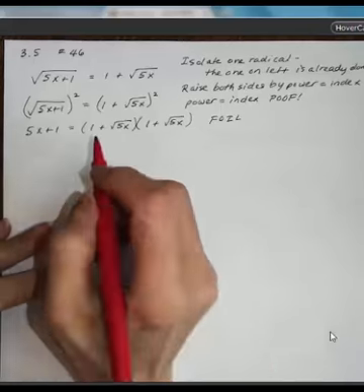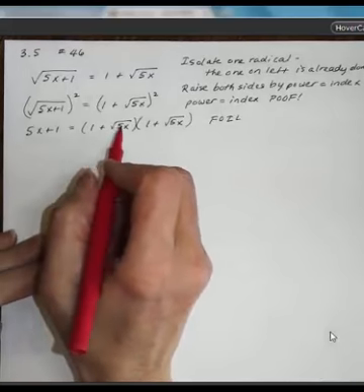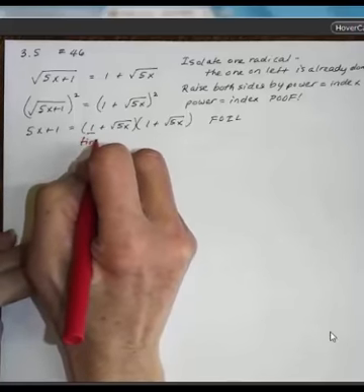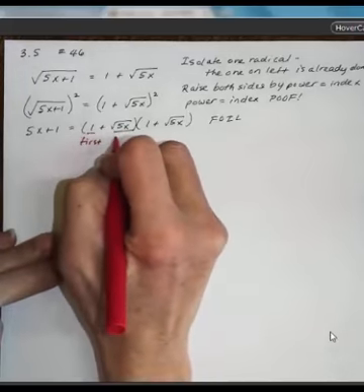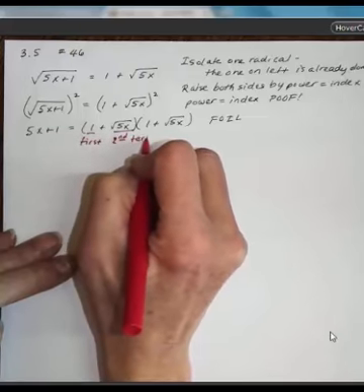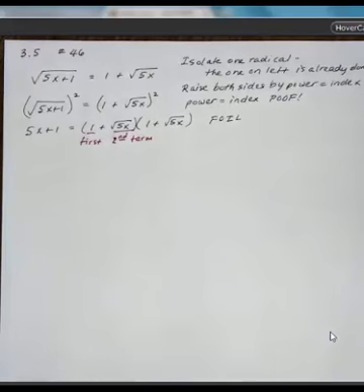This can get kind of confusing when we have a radical involved. So this is my first term, and this is my second term of each binomial. And you want to make sure that you multiply correctly.